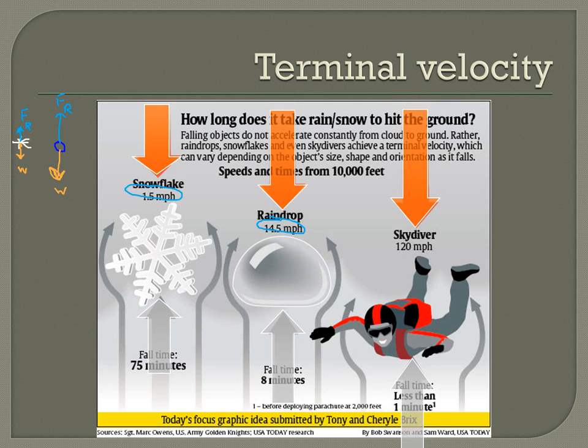For a skydiver, I'm going to draw my little guy here. Let's do him in purple. So here he is. He weighs way, way more than a raindrop or a snowflake. So when he first jumps out of the plane, it's his weight that causes him to accelerate.